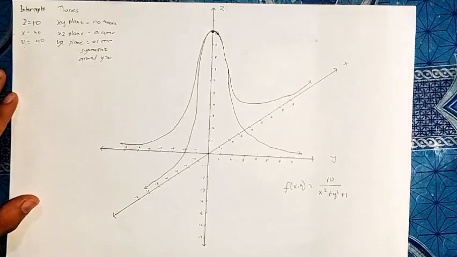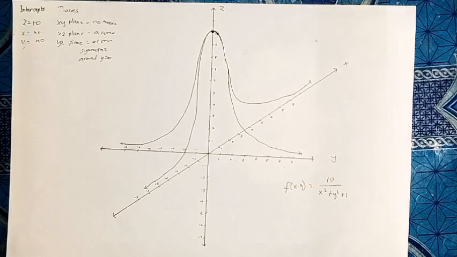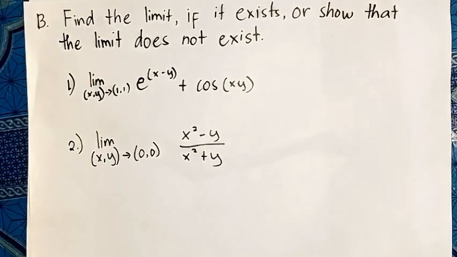So, that is the problem involving functions of more than one variable. Now, let's proceed to our topic 2, which is the limits and continuity of functions of more than one variable. So, I have here a problem.